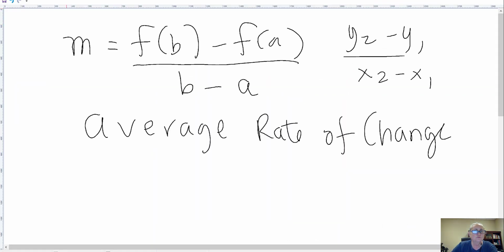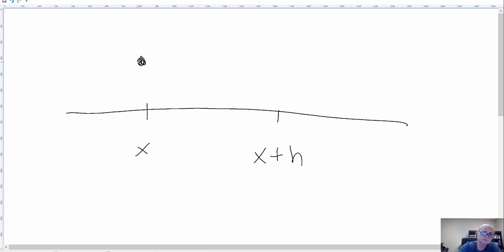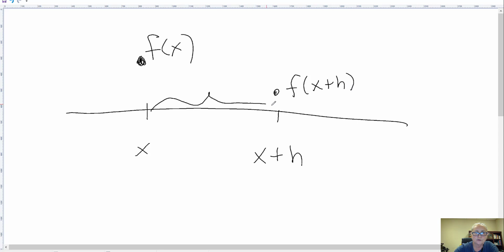So we need a new formula, and we're going to say our points are at x and x plus h, okay? Now, this point is at f of x, that is the y value at x, and this point is at f of x plus h. We moved over h units, okay? Now, think about the slope.